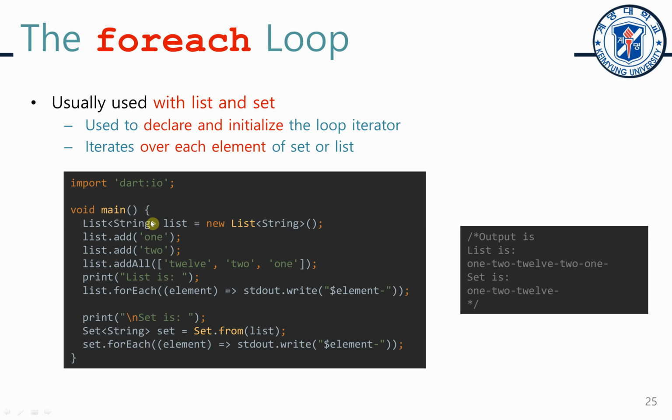And then you can convert this list into a set using the method from. You can see I created a set of strings, and then I use the method dot from to convert this list into a set. And we say that the set contains only what? Only unique elements.